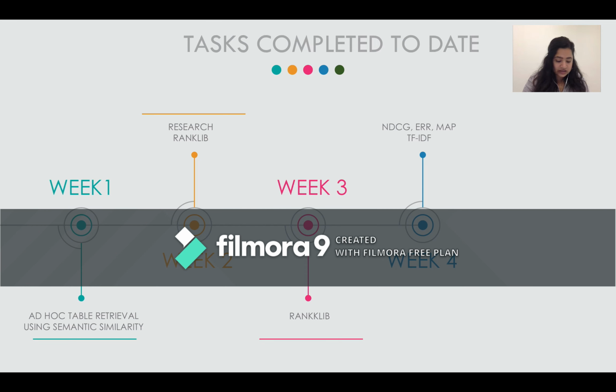The MAP is essentially, all of these are ranking measures that are used to rank documents in relevance to the query, the relevance of a query to the table, and vice versa. And I guess this leads us into week number 5, which was our final.